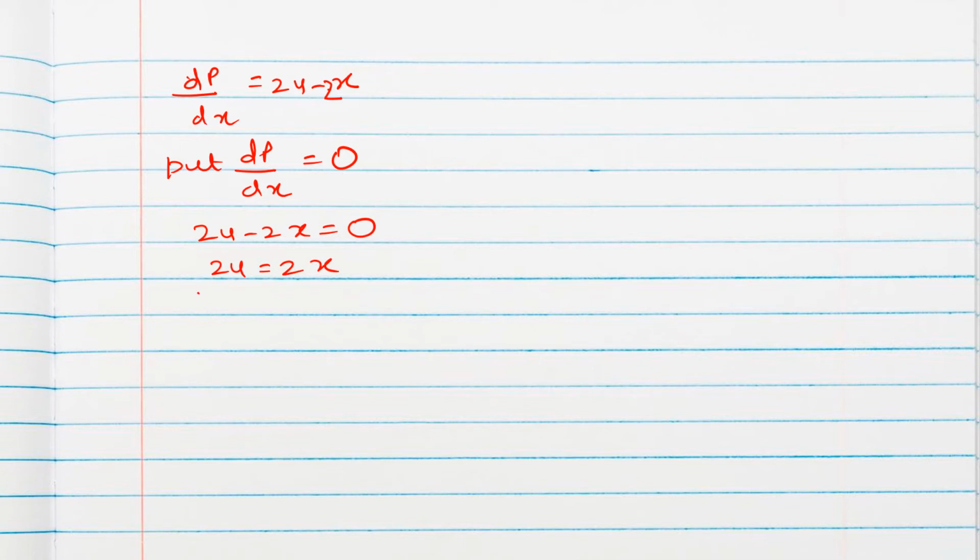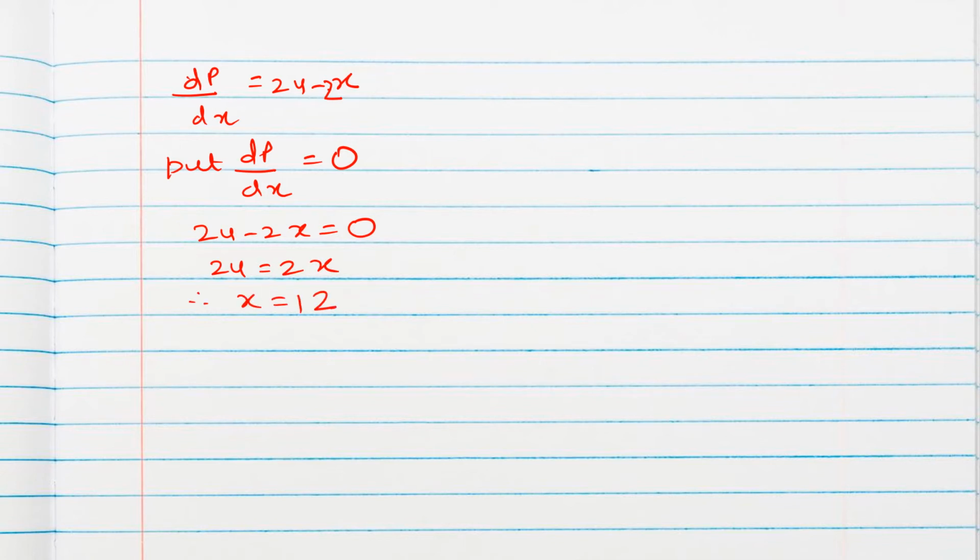Next step, put dp by dx as 0. So 24 minus 2x will be 0. So we can write 24 equal to 2x, therefore x is 12.